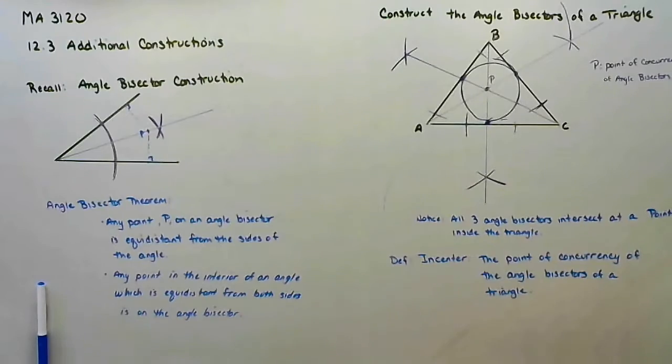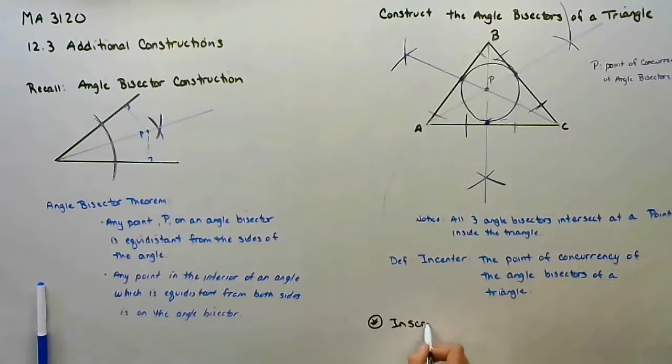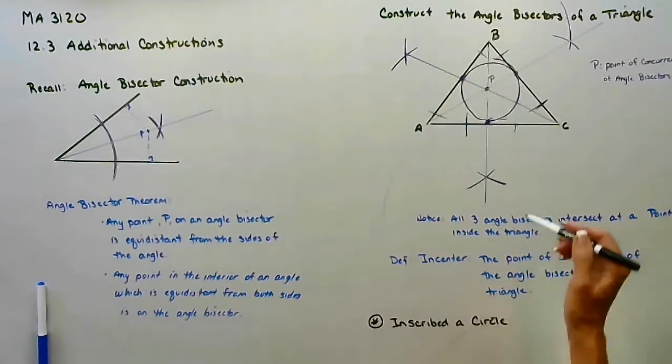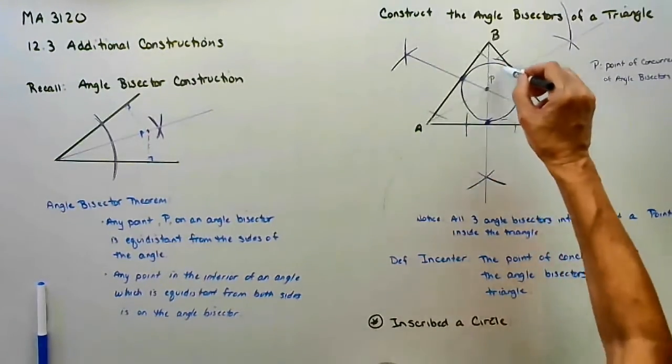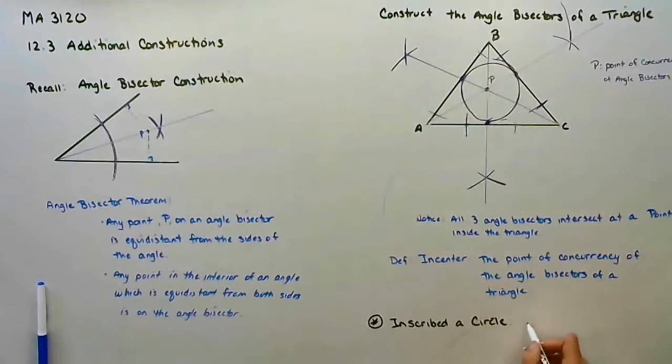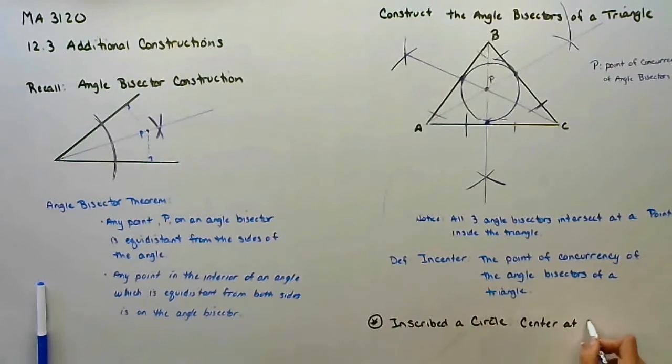So I have inscribed a circle. Note, we have inscribed a circle. So this circle's on the inside of the triangle. Okay, this has a center located at the incenter.